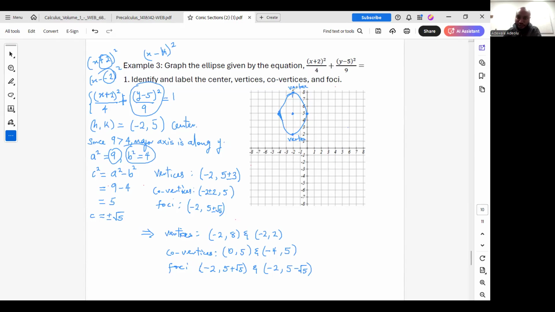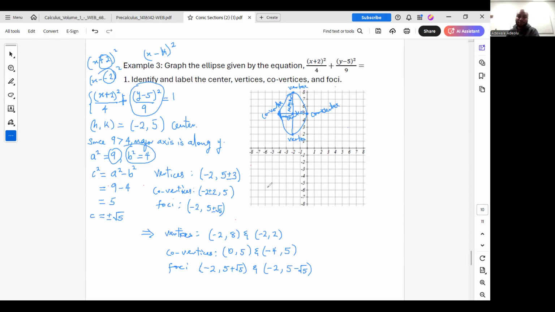So I have co-vertex, co-vertex. This is my center. This is my major axis, and this is my minor.